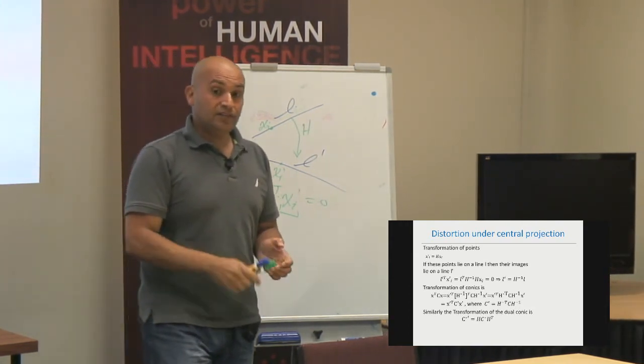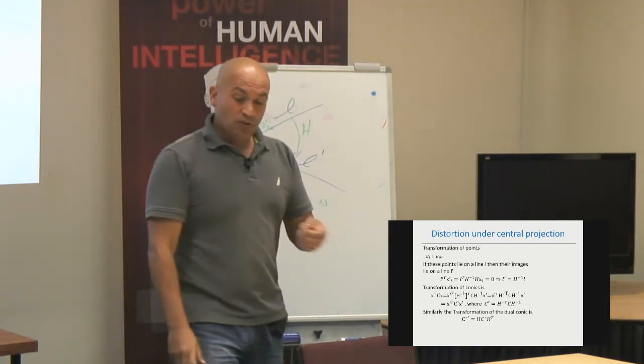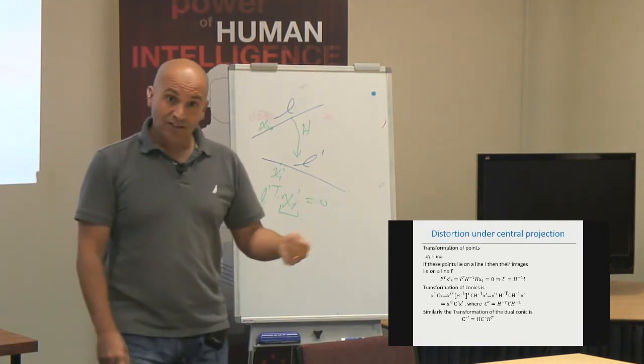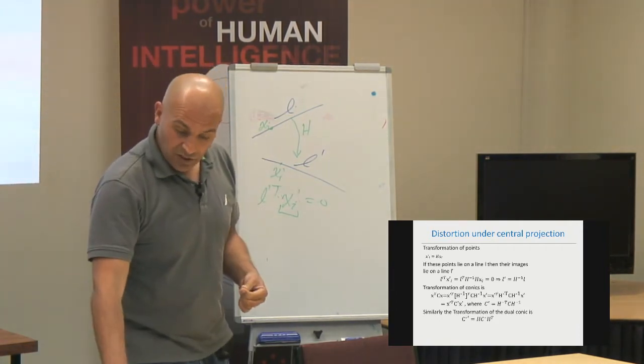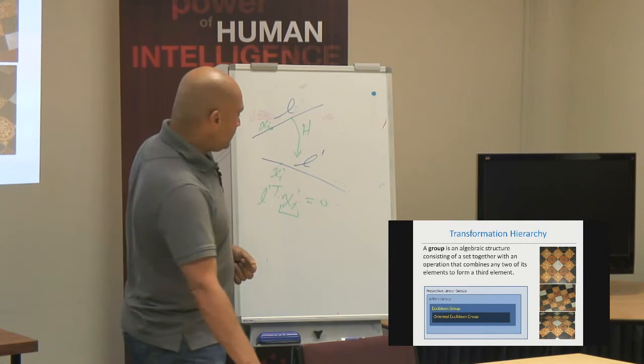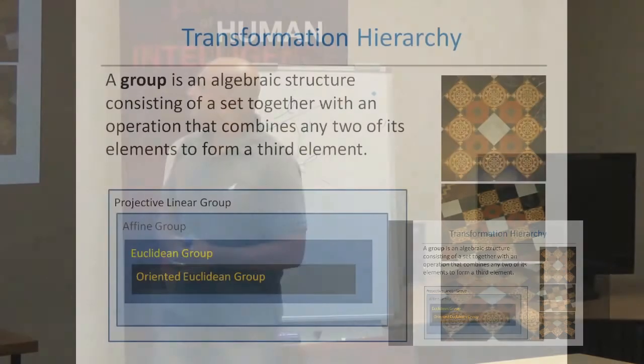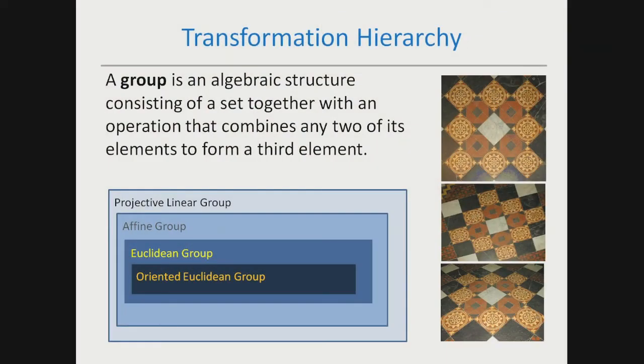So we know that a point will be mapped to a point, a line will be mapped to a line, and a conic will be mapped to a conic. Let's give some examples of what we will have. Here we have various images of the same plane.